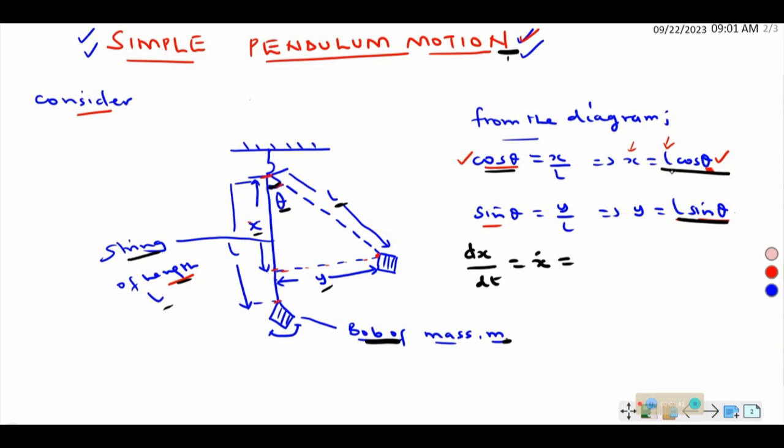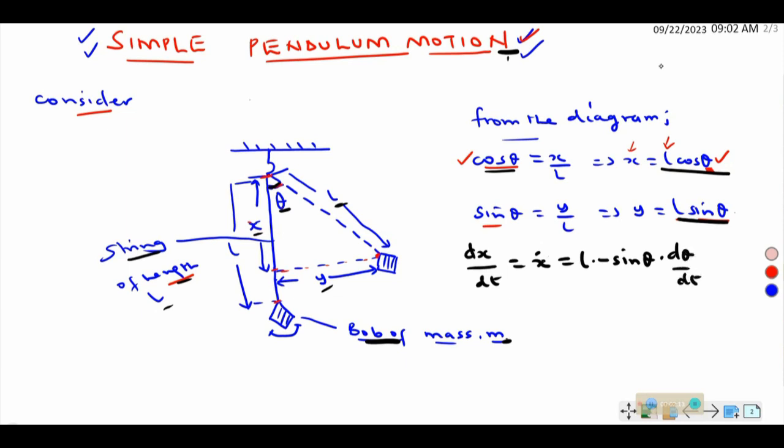When you differentiate x with respect to t, we differentiate normally with respect to theta, and it will be the same as L times. L is not changing, but theta will be changing. So we have L, differentiate cos of theta to get negative sine of theta, then, because we are differentiating with respect to t, we multiply by dθ/dt.